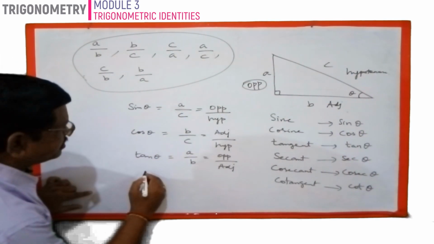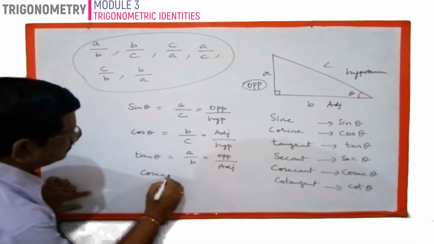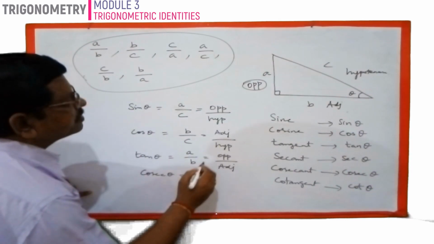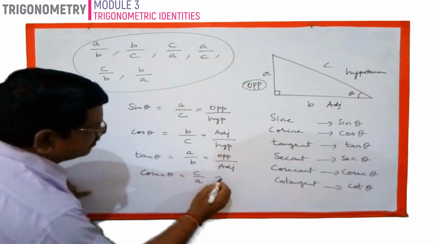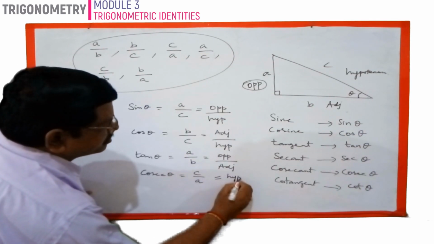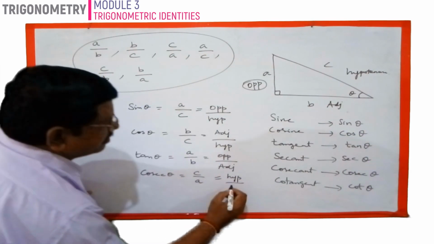Now what is cosecant theta? Cosecant theta is nothing but C by A. C is the hypotenuse and A is the opposite side.